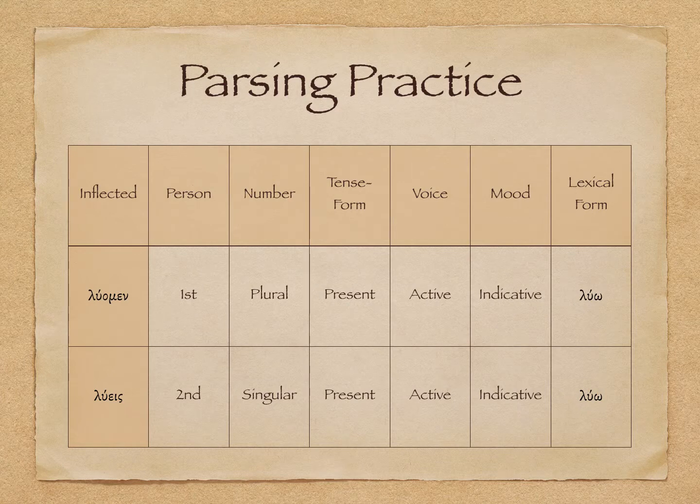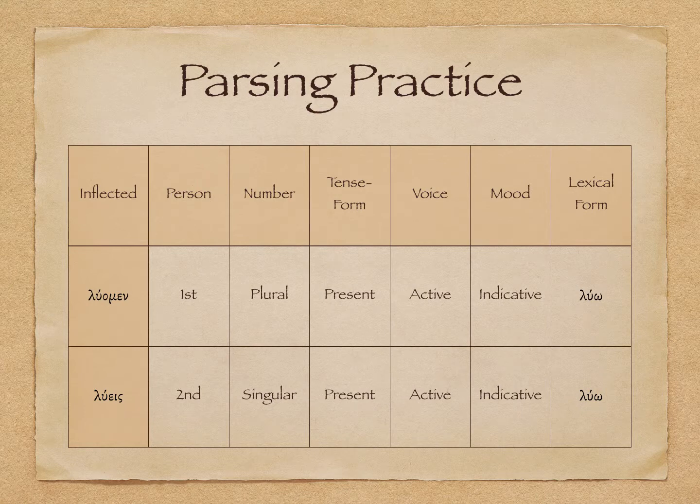So luomen is first person, and it's the first plural, so it's we. It's in the present tense form. It's active. We are loosing. And it's in the indicative mood as opposed to the imperative or subjunctive or infinitive. And we'll talk about those in the weeks ahead.